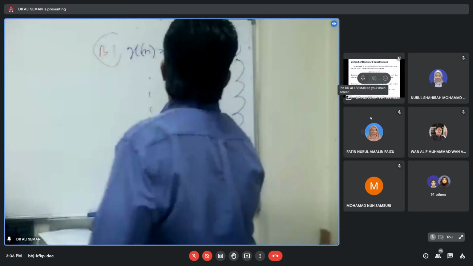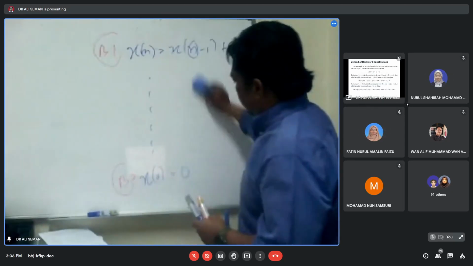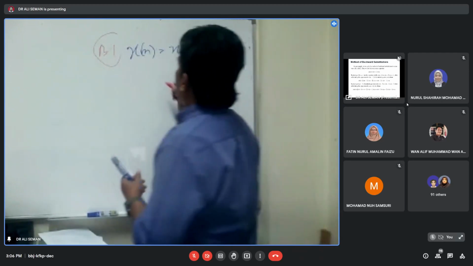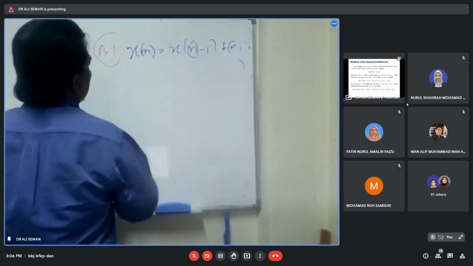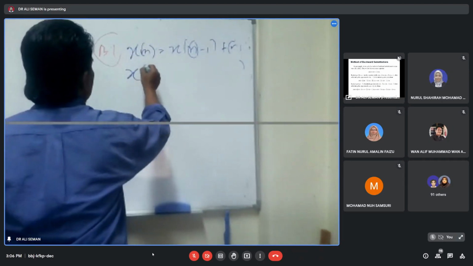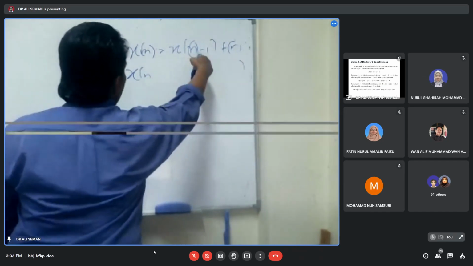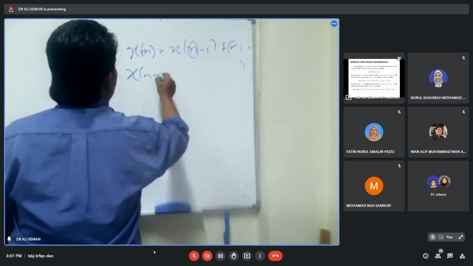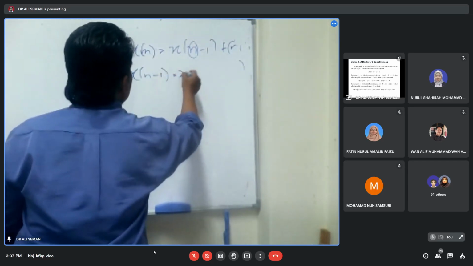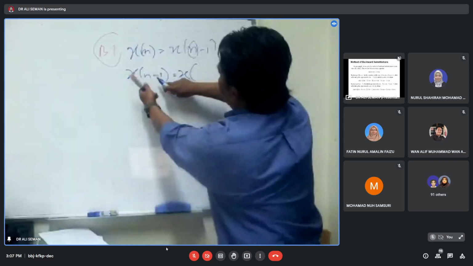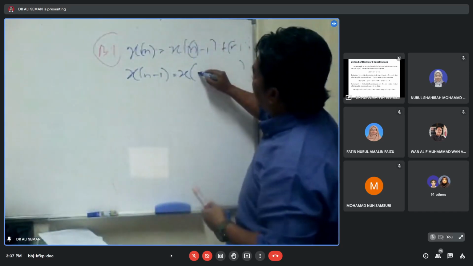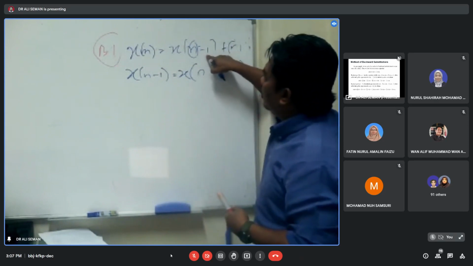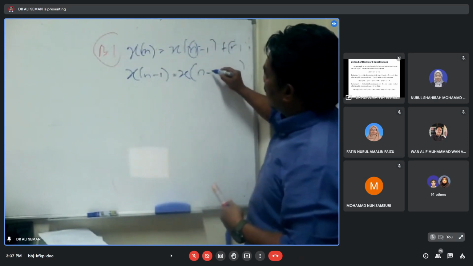I erase this first. So here, we may write like this. We have now x of n. So we replace n here, so it becomes n minus 1 here. We substitute here, it becomes n minus 1, minus 1, n minus 1.